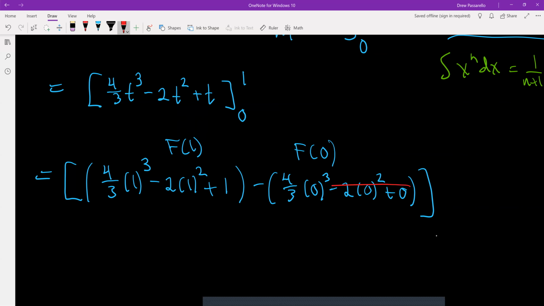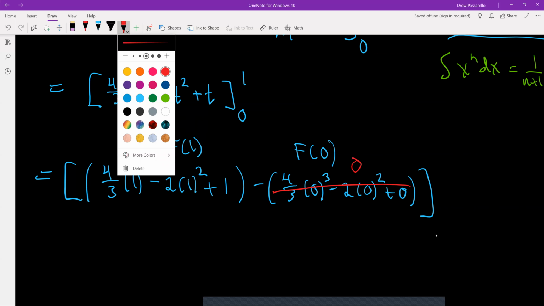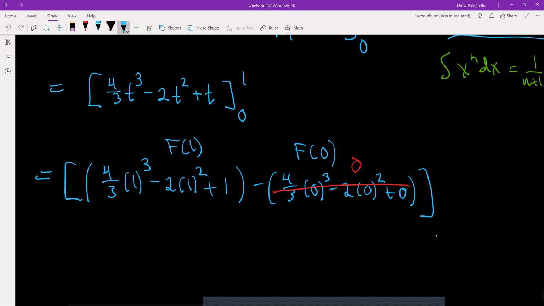So all of this collapses away, so you can just ignore that part and focus on the f of 1. So you have 4/3 minus 2 plus 1. All right, so that's going to be 1/3.